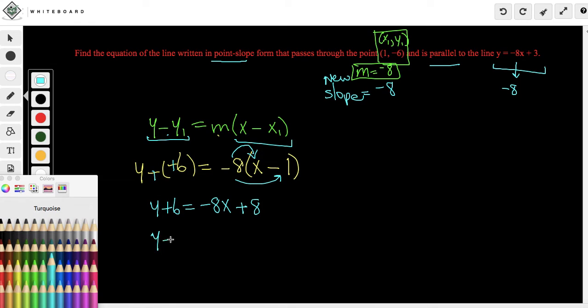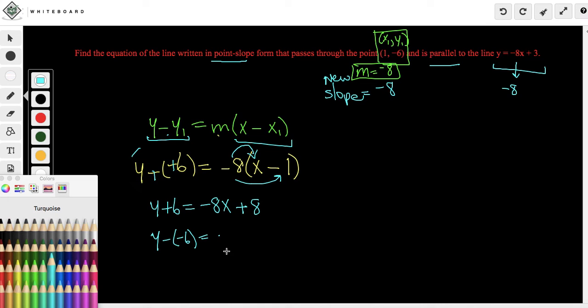So it would have to be y minus negative 6 equals negative 8 times x minus 1. We would have to leave it like that. So that's what we had up here. So we already actually had it in point slope form.